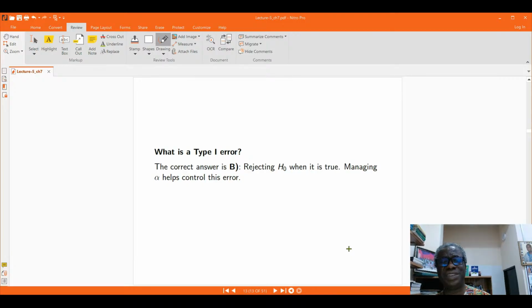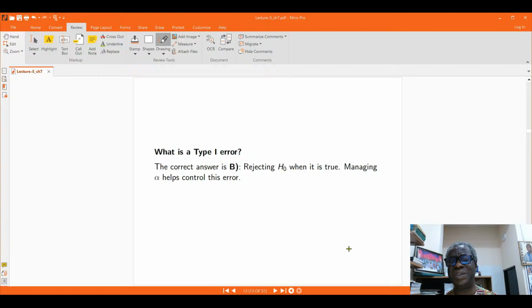So when we say type 1 error, it is the error committed by rejecting the null when it is true. And this error is very critical.